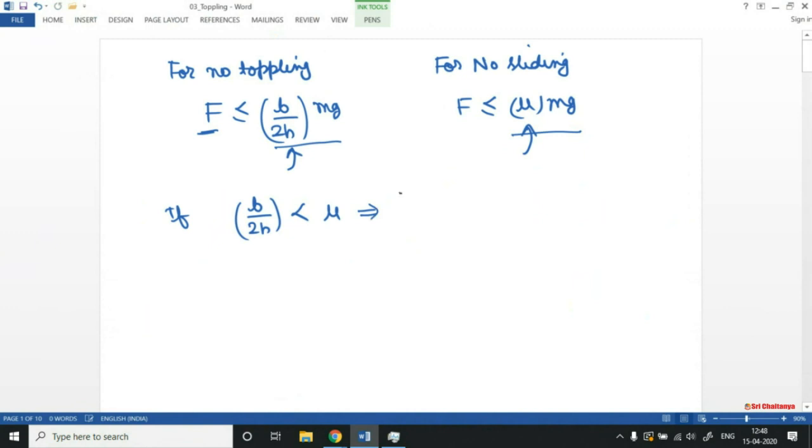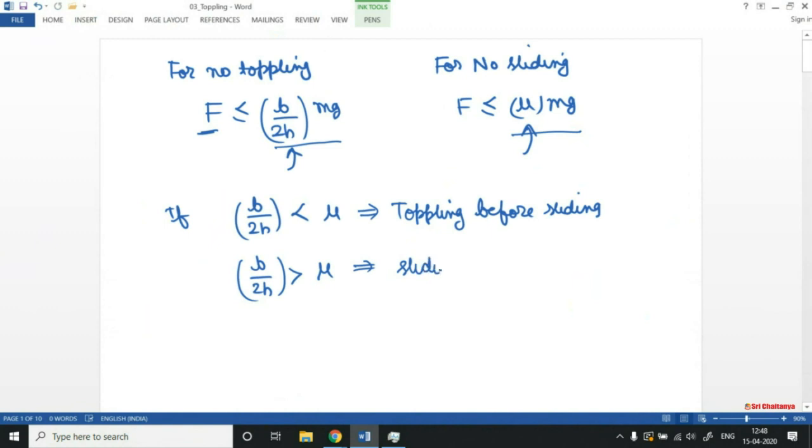So this will give you the condition for toppling before sliding, and if b by 2h is greater than mu, then this condition of no sliding will reach first. Then that would be the condition for sliding before toppling. Okay, so this was a very simple example for toppling. There is always a competition between toppling and sliding, as to which one would occur first. So we have taken that example.